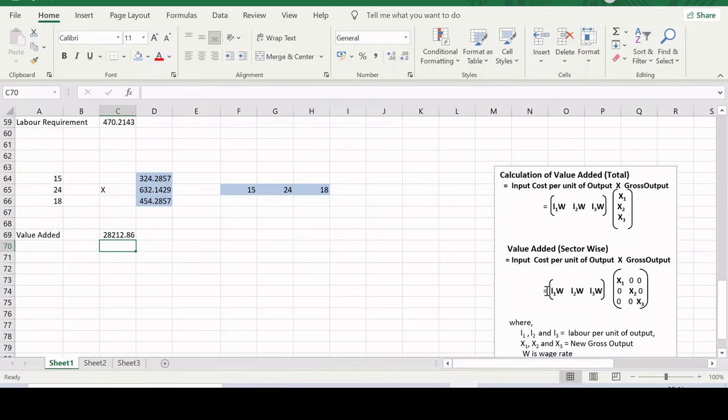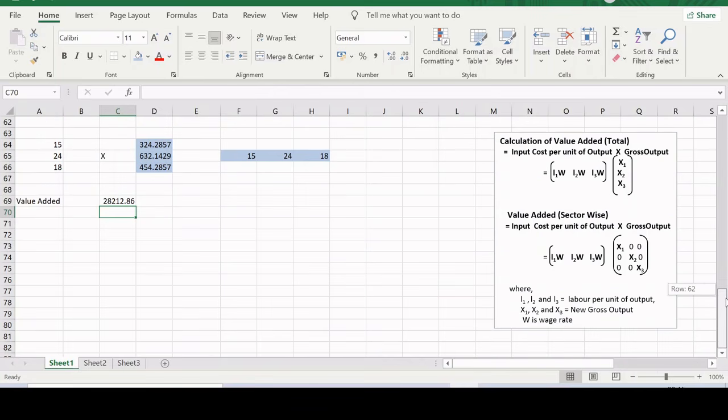Now let's see how we can calculate the value added sector wise. To get the value added sector wise, we need to write the gross output matrix in such a form that we get a matrix of order 3 by 3. So I have the labor cost per unit of output matrix here, and I only need to write the output matrix in the form of a 3 by 3 order matrix.